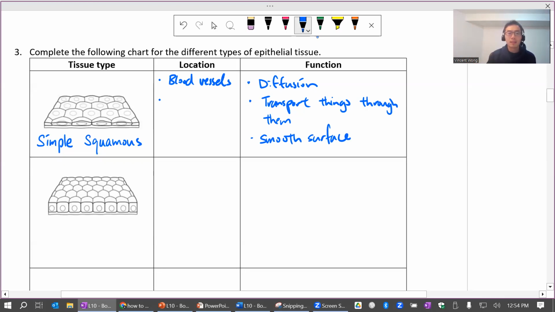Lungs? Exactly, right? So there we go. You just think about the function, and then you think about where in the body you would need that. It should make sense, right? If we're going to move oxygen through, you want a single layer. It doesn't make sense to have 5, 6, 7 layers.